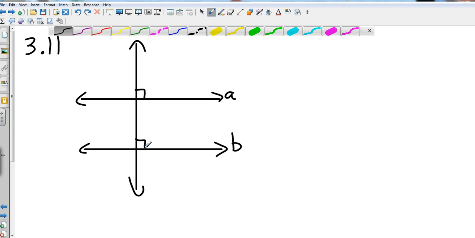So that would be 3.11, the perpendicular transversal theorem.